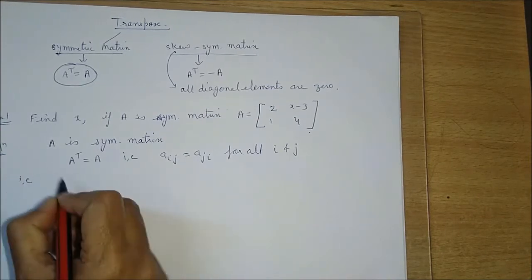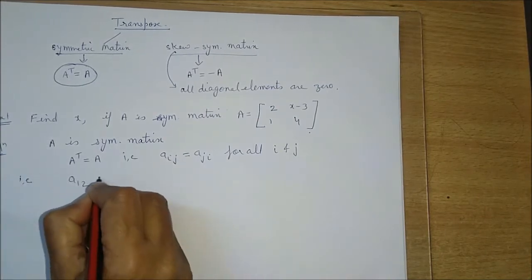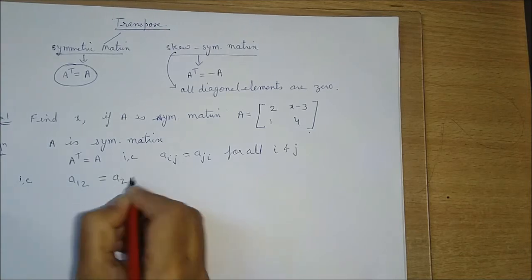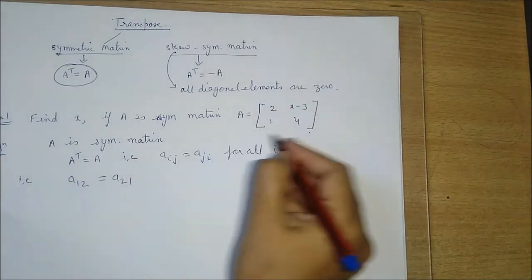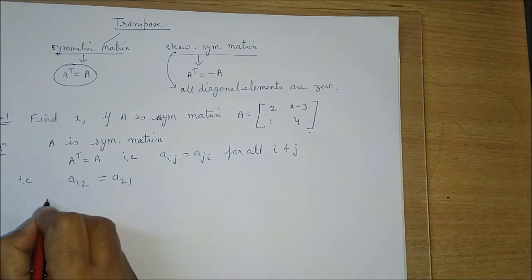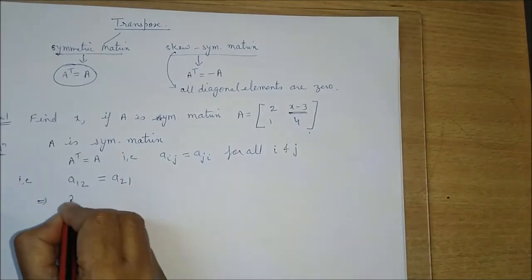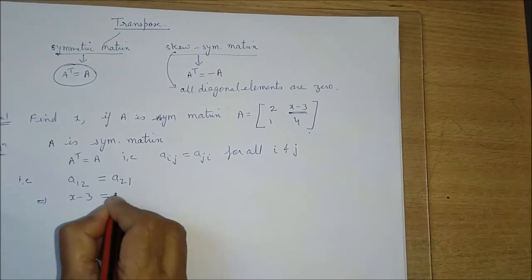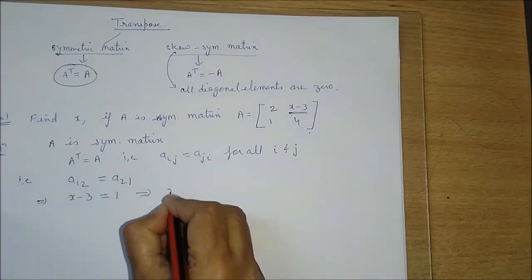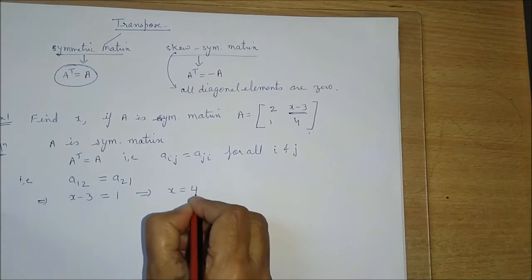That means A12 must be equal to A21 in this particular example. A12, that is x minus 2, should be equal to 1. From here we get the value of x as 4.